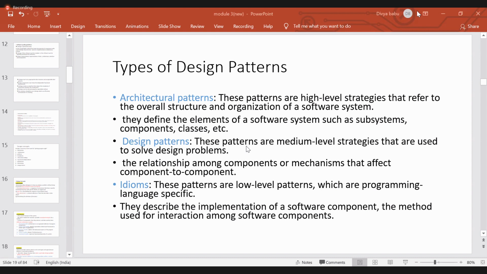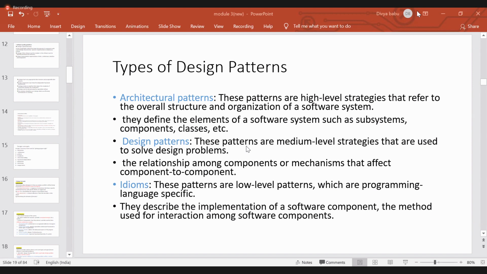It varies depending on the platform, like for C, C++, Java, Python, every single language has its own guide, its own strategy, its own principles. So idioms represent the lower level pattern.